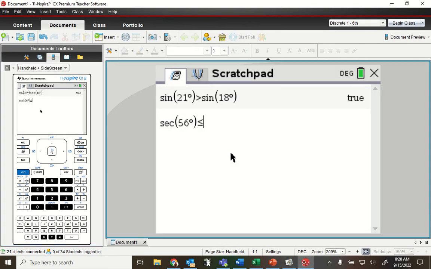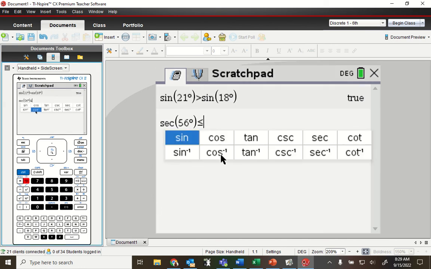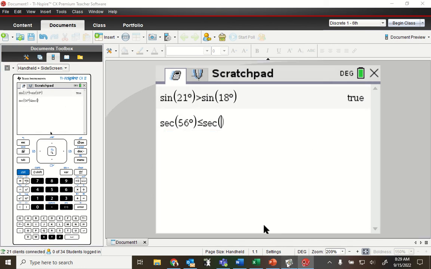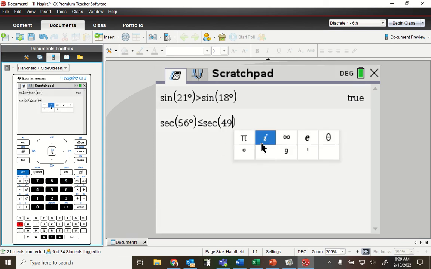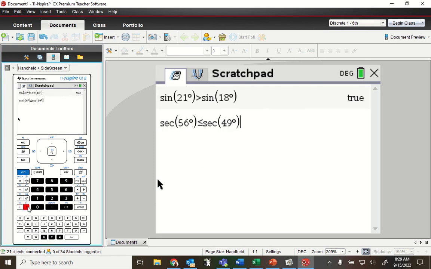Less than secant 49. All set. Super easy, right?